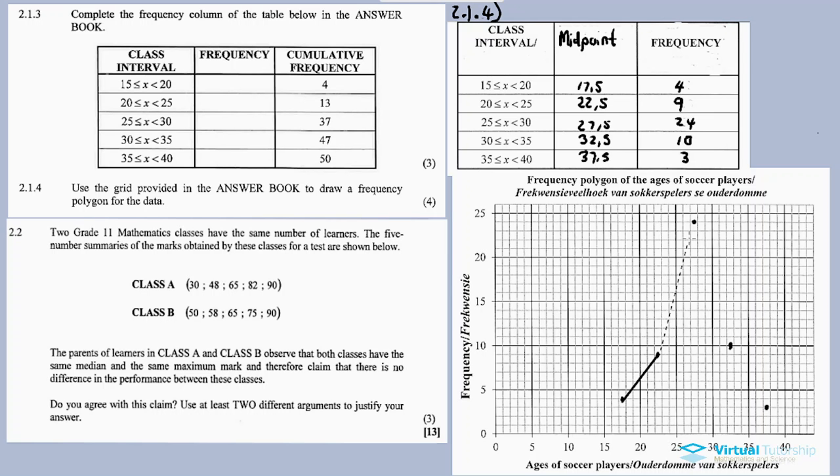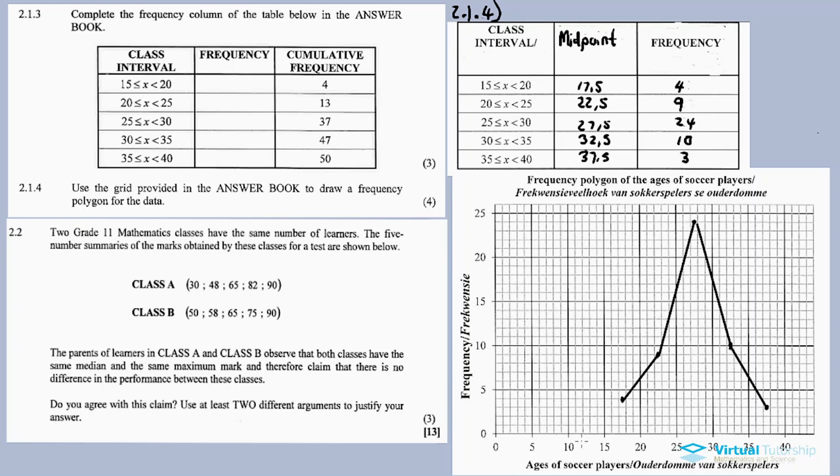Boom, boom, boom. In your test you will use a ruler to connect the points. Now the frequency polygon must touch your x-axis. So that means you must think about where your first point should start. There must be a previous point or a lower class.